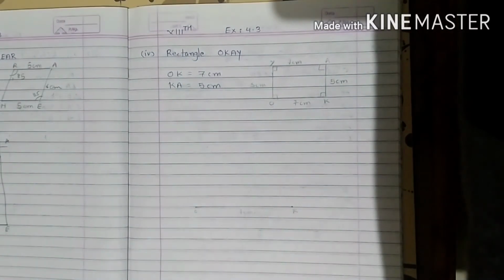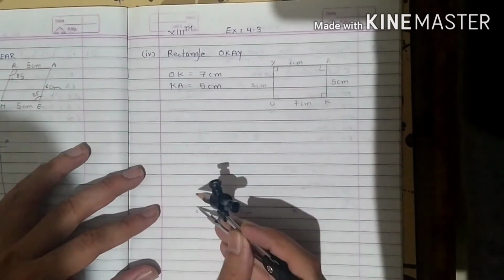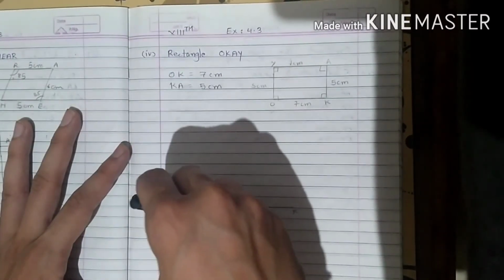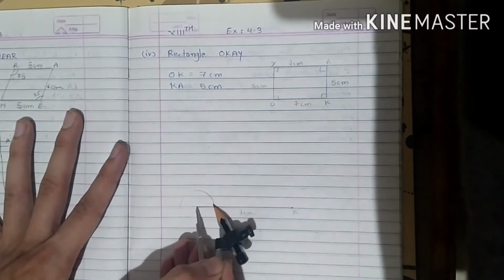Now we will draw 90 degree at point O. So randomly open your rounder and draw a half semicircle like this.